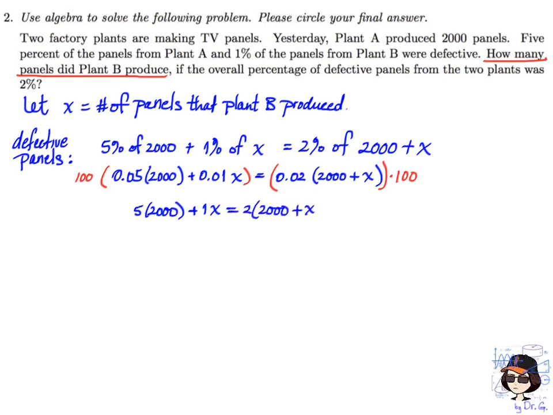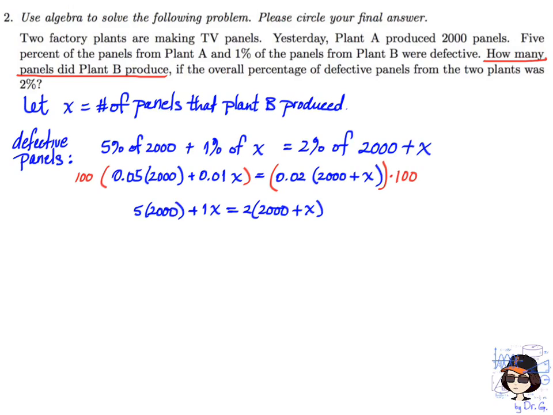On the right, 0.02 times 100 is 2. So I just got rid of all my decimals. I multiplied each of those 3 decimals by 100, which just means move the decimal over to the right 2 places.